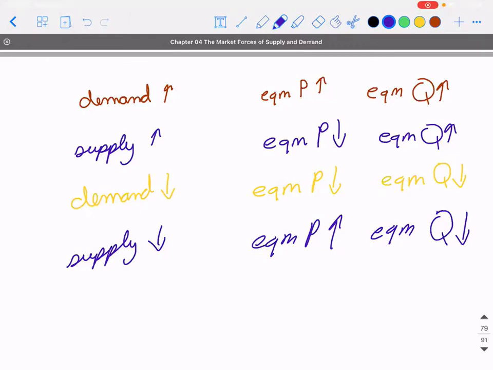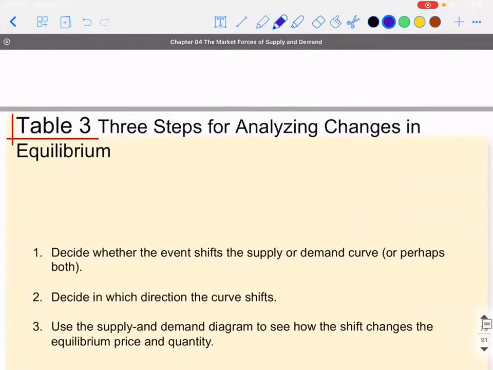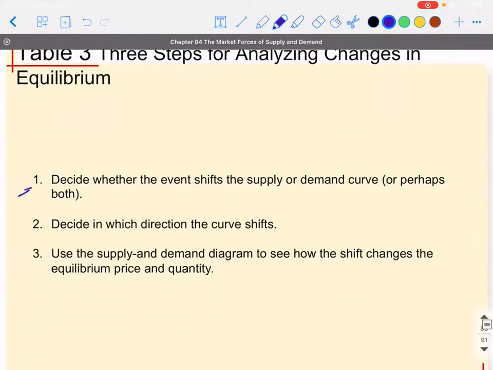And so once you determine the curve, and you identify what direction that curve is moving, then you can predict. I don't preview the slides here, but at least the slides are thinking just like me.